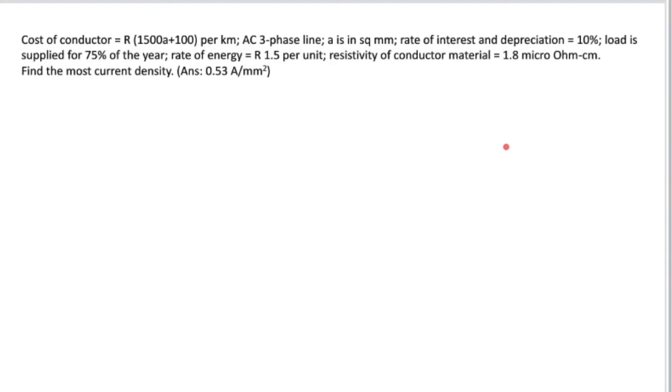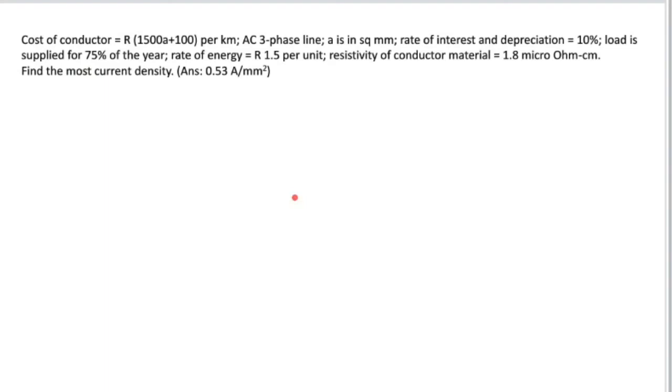It's 75% of 8,760 hours. The cost of energy is given as Rand 1.5 per unit. Resistivity of conductor material is also given, 1.8 microohm centimeter, and we have to find out the most economic current density. The answer is given there.